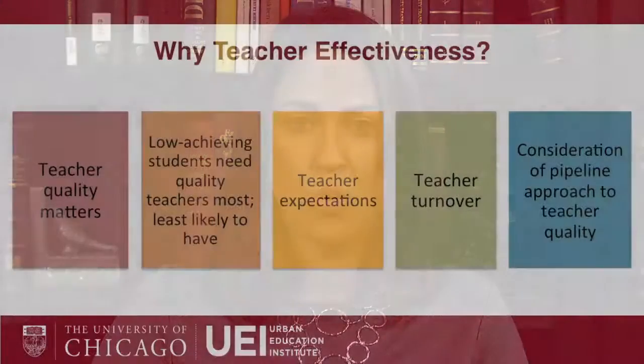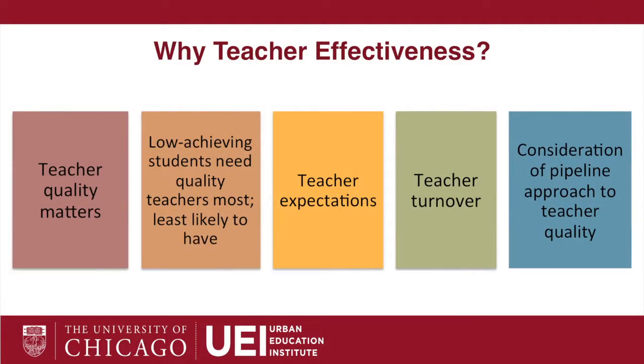Finally, there is a set of literature that has started to think about the whole pipeline of improving teacher effectiveness. And what I mean by this is that if we're going to improve teaching at scale, then we need to consider the candidates that come into teacher education, how we educate them, whether or not candidates are counseled out over time if they're not appropriate for the workforce, how we support teachers in induction when they land, how we evaluate them, how we tenure them, how we reward them when they're highly effective, et cetera.